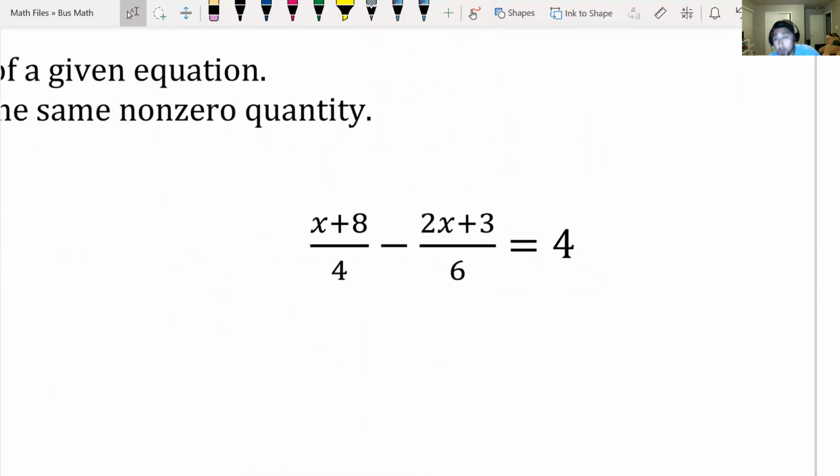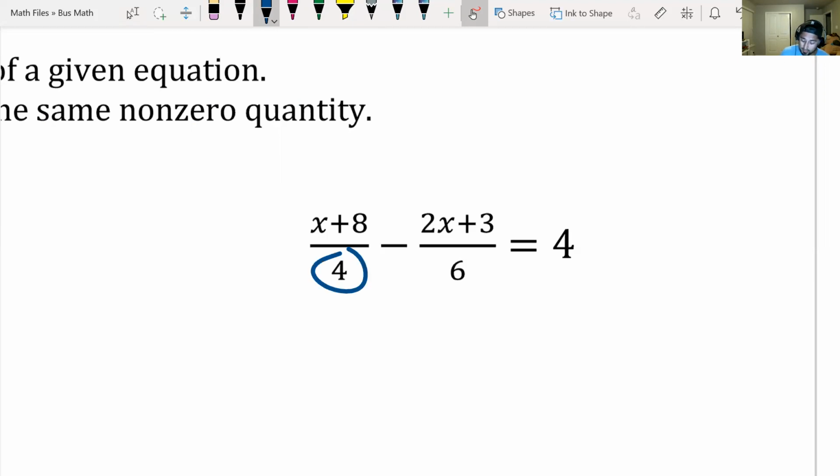This one involves fractions. Yay, right? You guys love fractions. Here we're given x plus 8 over 4 minus 2x plus 3 over 6 equal to 4. Since we don't like fractions, let's get rid of them. In order to do that, we want to get rid of the denominators, so you can multiply by a common denominator.